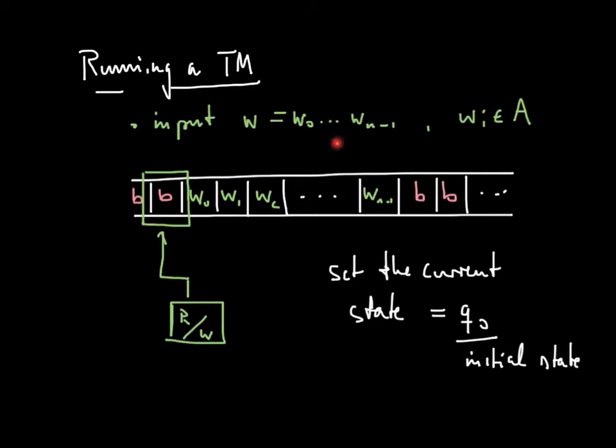And all of this together, so initial state, initial configuration of the tape, and the position of the read-write head, forms the initial configuration of the Turing machine.